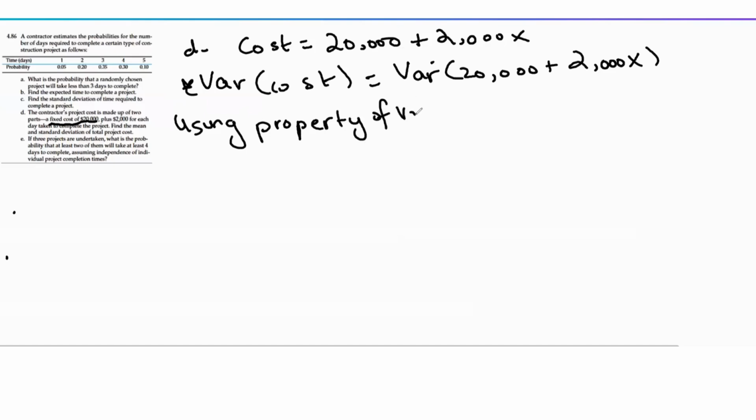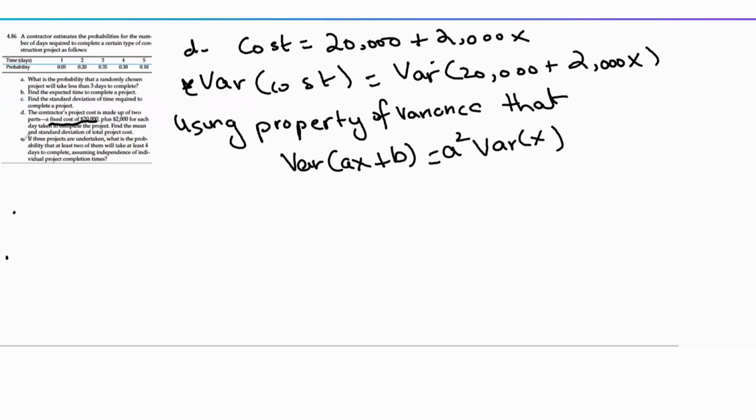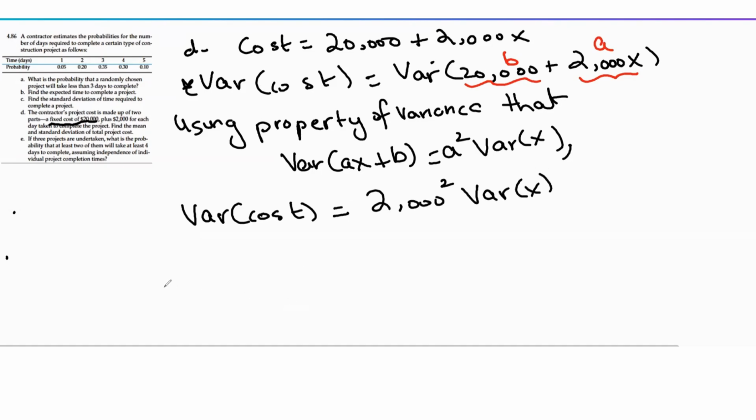Using the property of variance, the variance of ax plus b is equal to a squared times the variance of x. Here we can notice that this is essentially b and this is essentially a. So this will become a squared, which is 2,000 squared times the variance of x. We just applied this property.